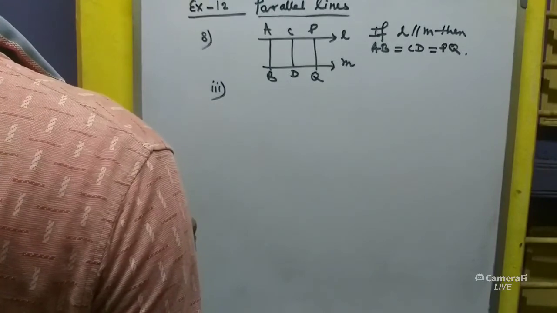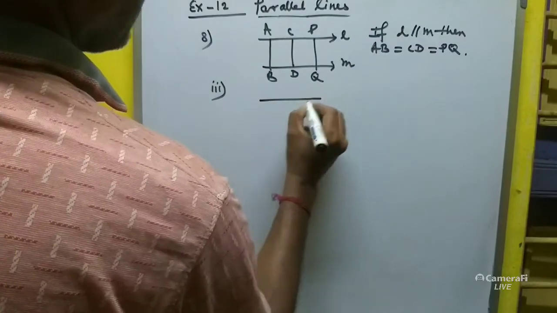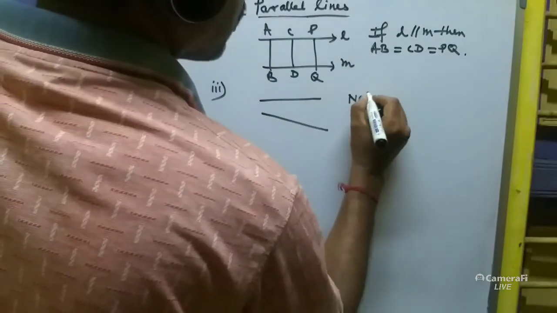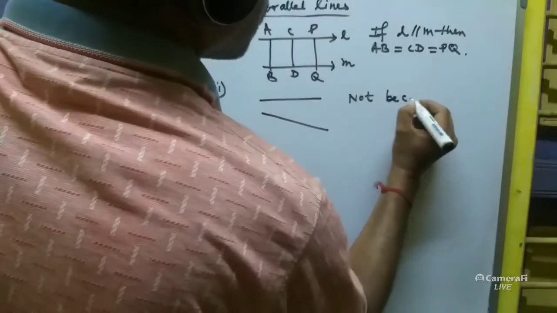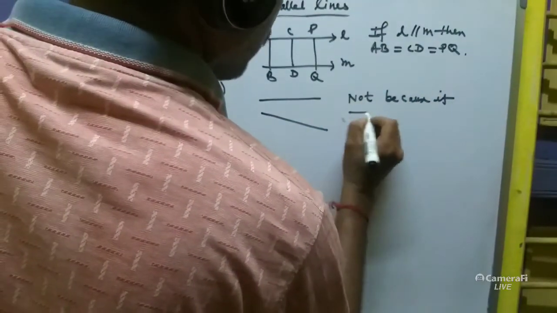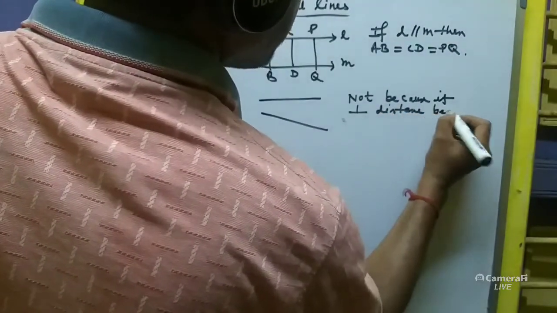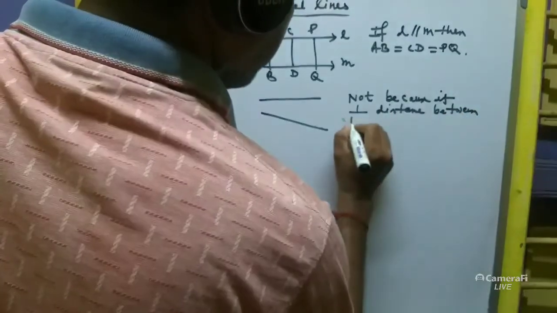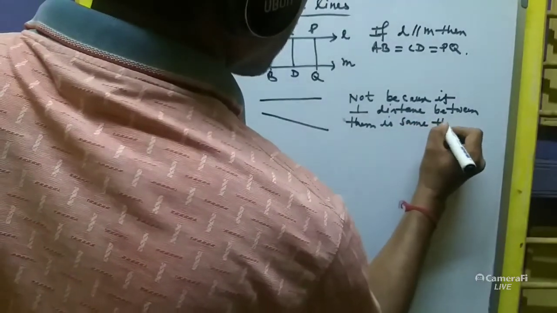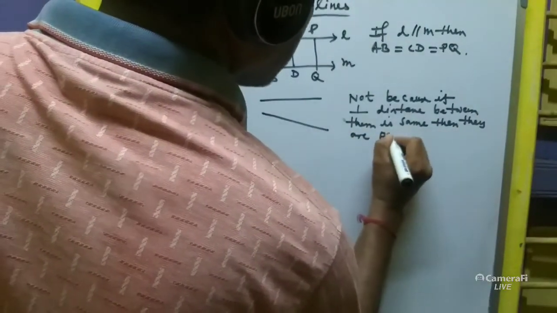If two line segments do not intersect, they are parallel. So look at this line segment and this line segment. They do not intersect. Are they parallel? No, not necessarily. Because if the perpendicular distance between them is the same, then they are parallel lines.